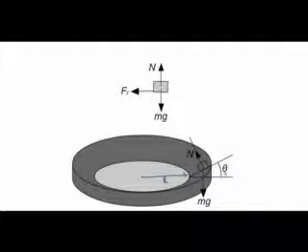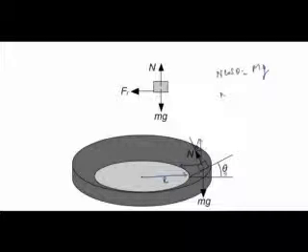So here what will happen is the vertical component of the reaction force N will balance the weight, so we have n cos theta is equal to mg, and the horizontal component will provide the necessary centripetal force.